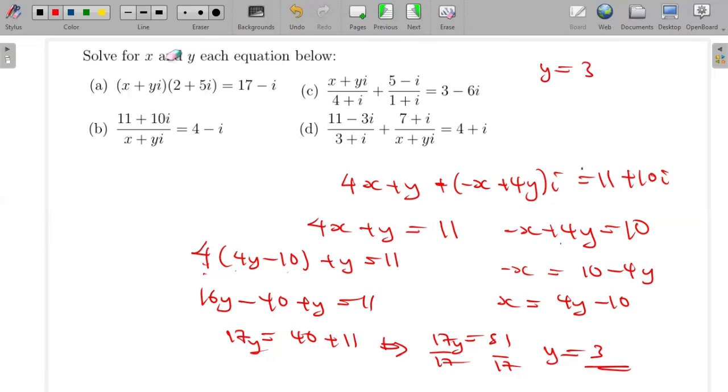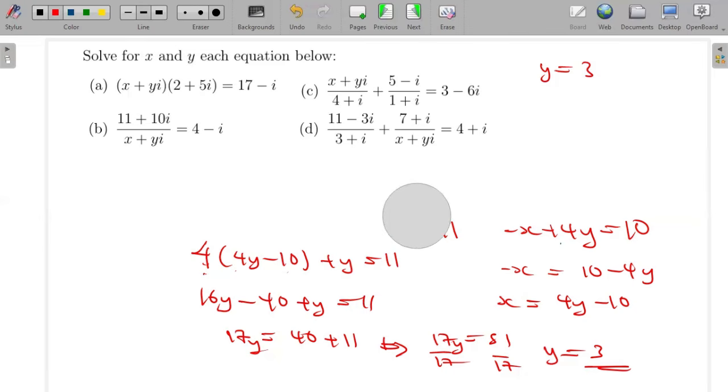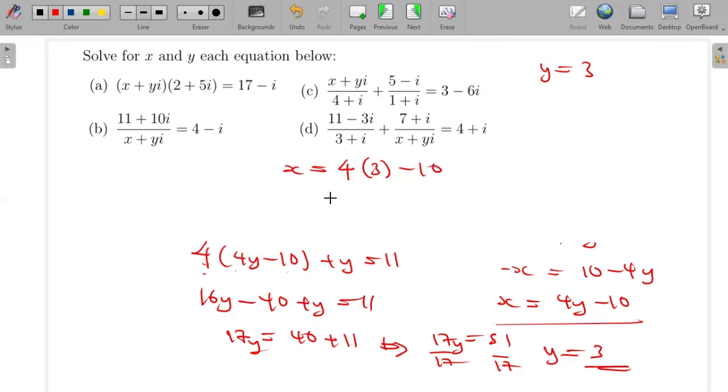And then I can use that value of y in the equation where I said x is equal to 4y minus 10. So 4, where there's y, I put 3, minus 10. I multiply, I just get 12 minus 10. And therefore my x is just equal to 2. So x is equal to 2, y is equal to 3.